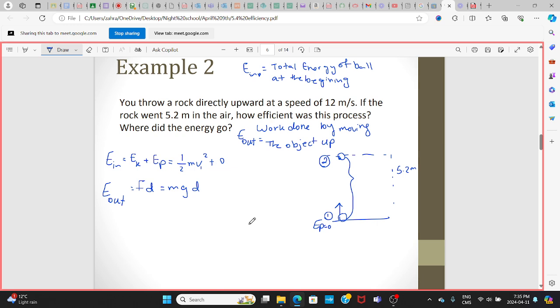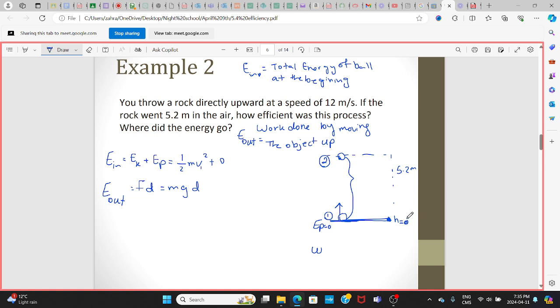Another way. Yes? Can you explain more why EP equals zero? Sure. I put my level 0 at the place where you throw the ball up. You can always choose your zero potential or zero height.